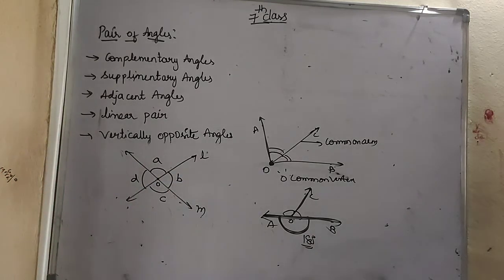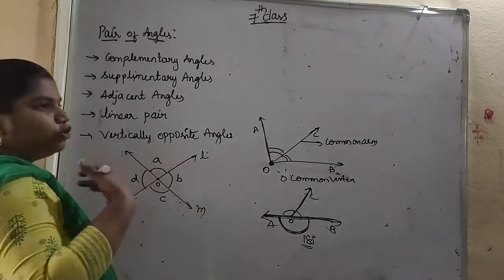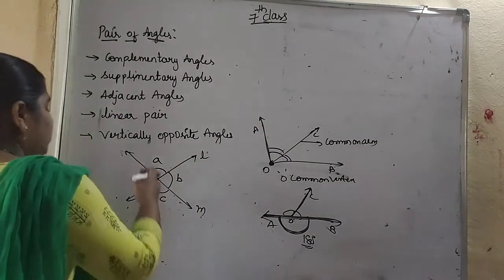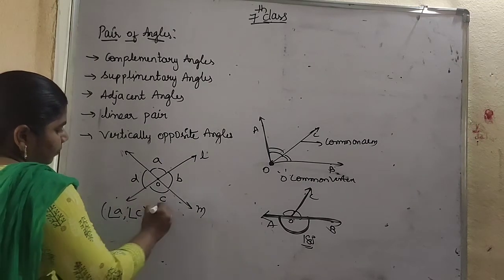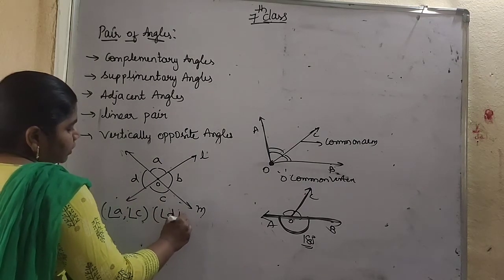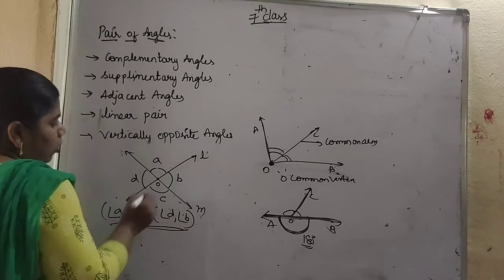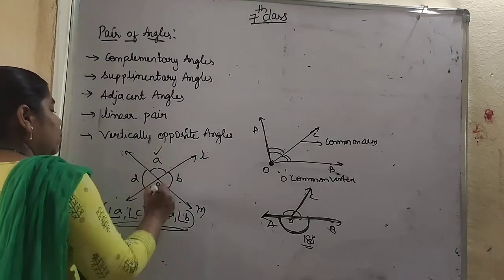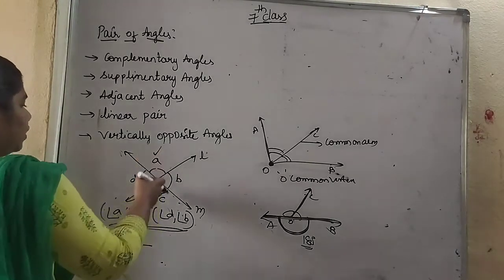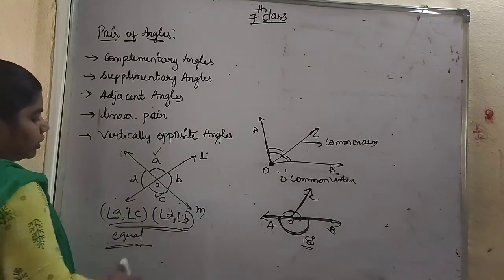And what do you mean by vertically opposite angles? The angles should be opposite to each other. So what are opposite here? Angle A is opposite to angle C. And angle D is opposite to angle B. So these are called as vertically opposite angles, and always the vertically opposite angles will be equal to each other.